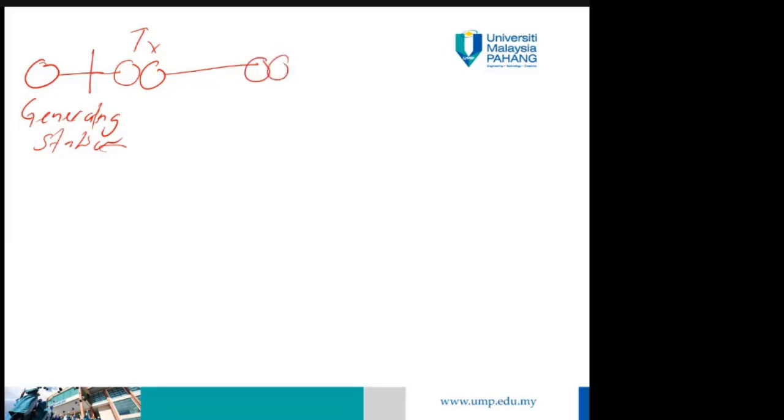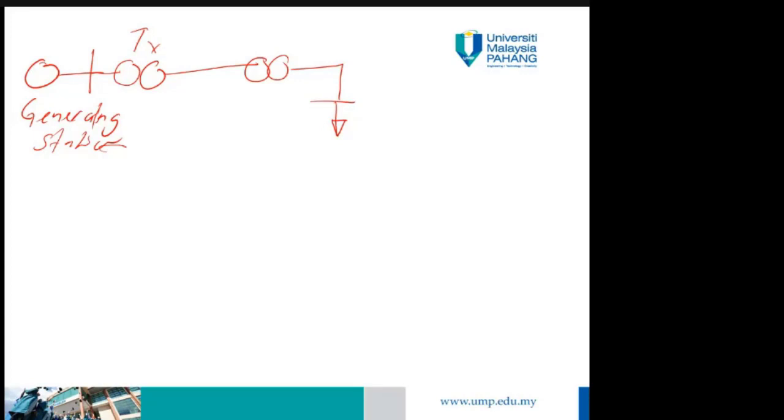In power system, we have generator, this generator or generating station, and then we have transformer to step up the voltage, and then we have another transformer, and then we have the load. This is basic power system network.